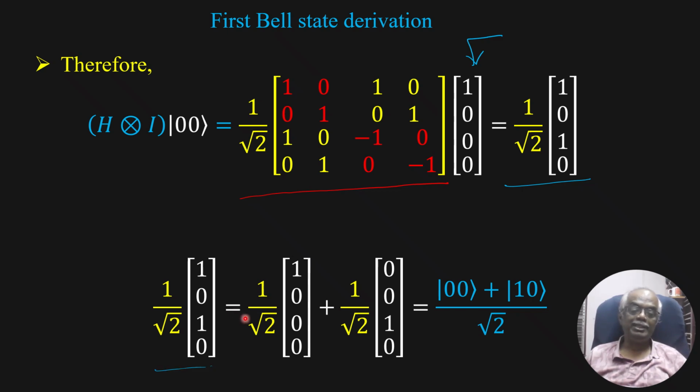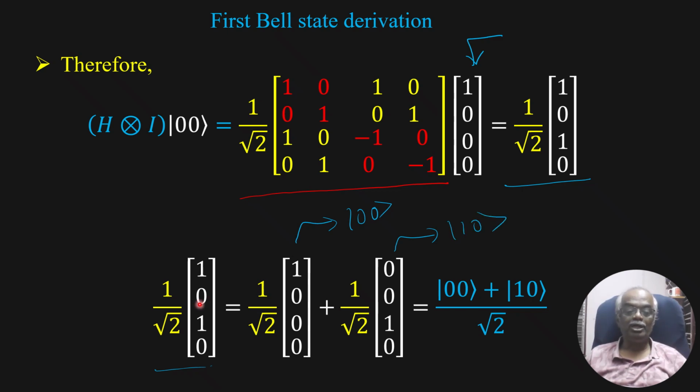This can be written as two column matrices: 1 over square root 2 times [1, 0, 0, 0], plus 1 over square root 2 times [0, 0, 1, 0], with the third row being 1. What is this column matrix? You know, this column matrix is |00⟩, and this column matrix is |10⟩.